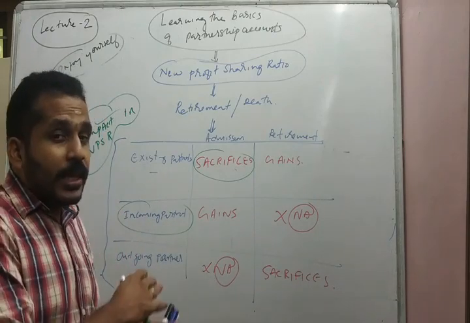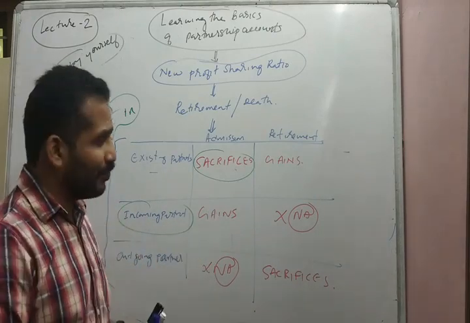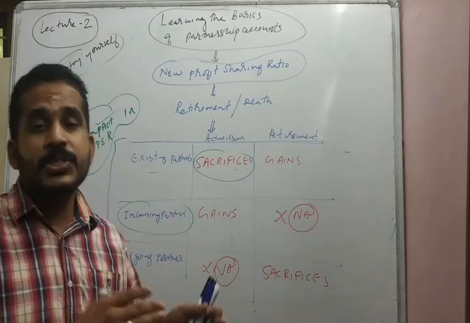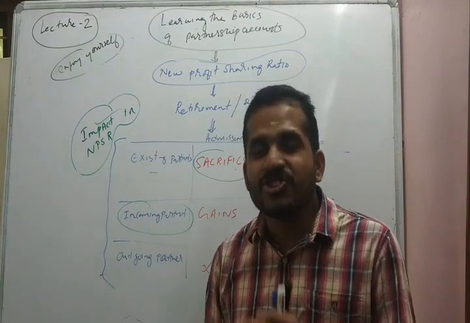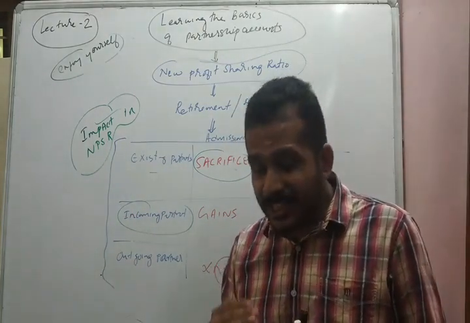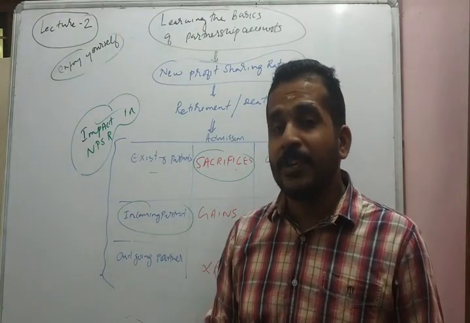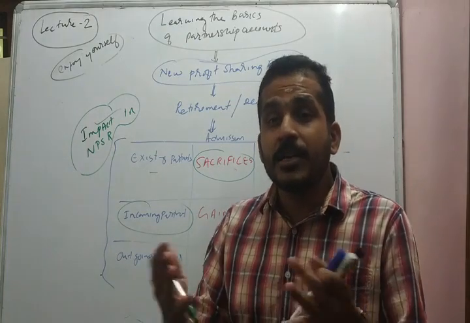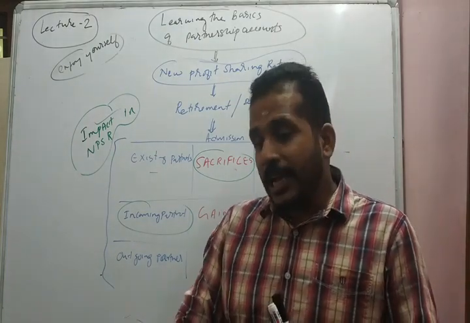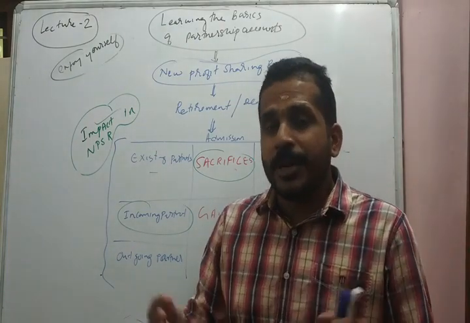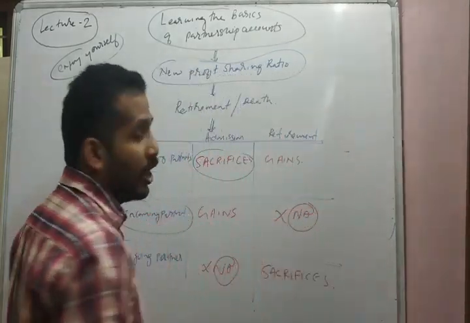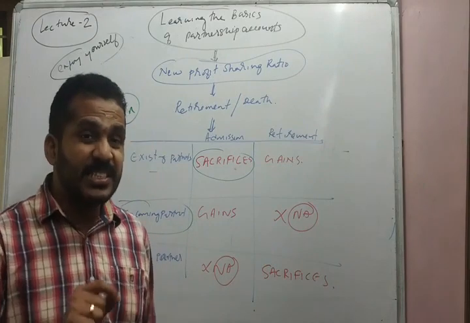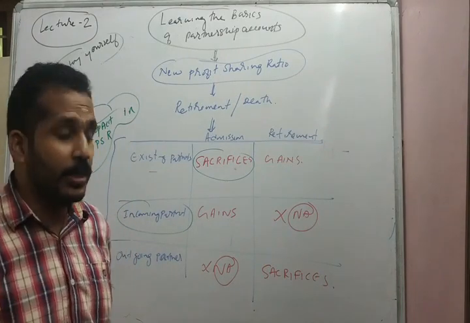While in the case of retirement, an existing partner is going out of the business, which means that his share in the future profit is sacrificed, surrendered. To make it more meaningful, he surrenders his share to the existing partners.